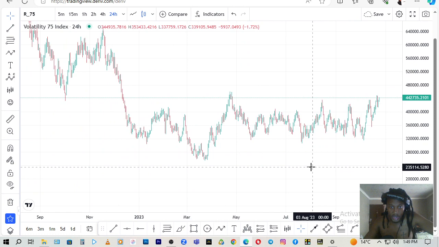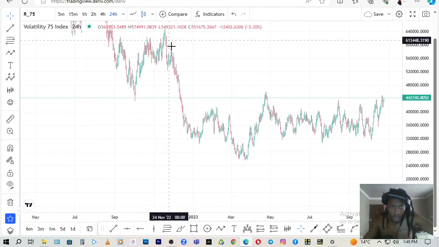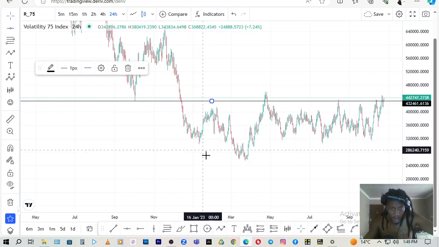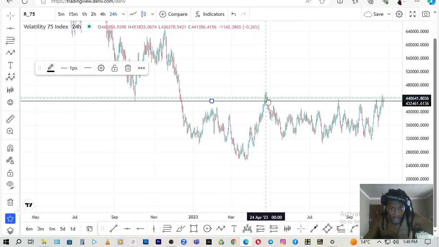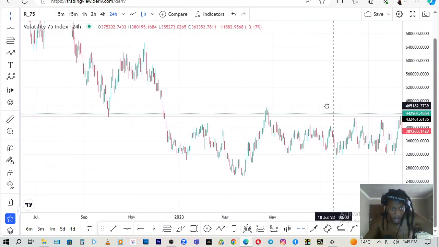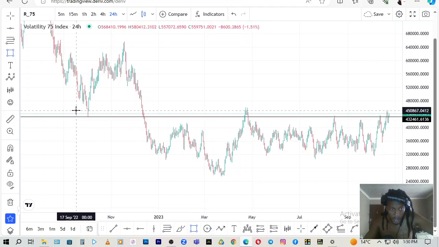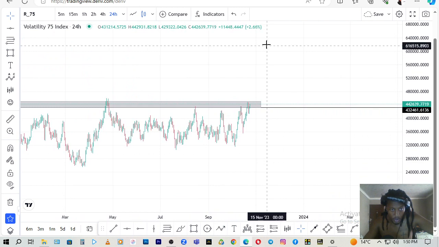I think it's in a consolidation. Ever since we were in this downtrend, we found our low here. This is our lower high. So if ever we break this high over here, then we're going upwards.